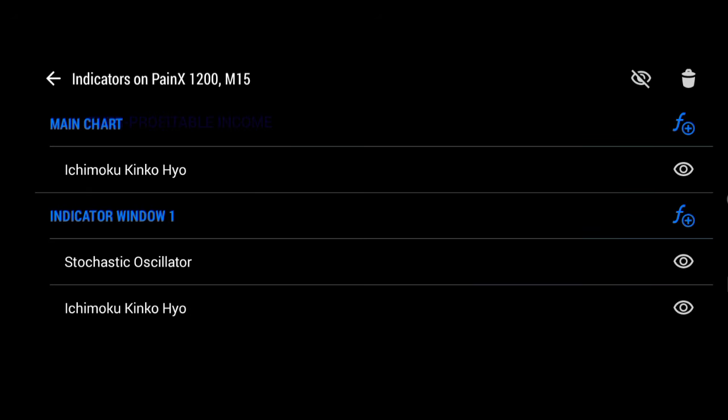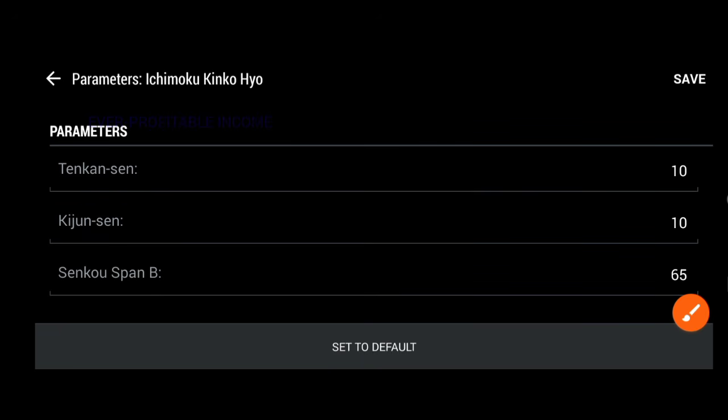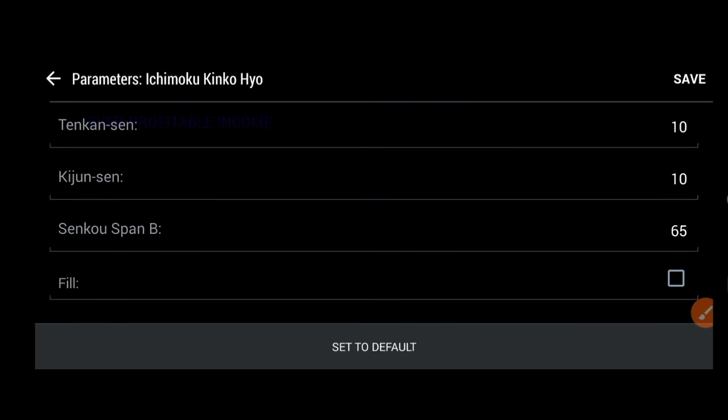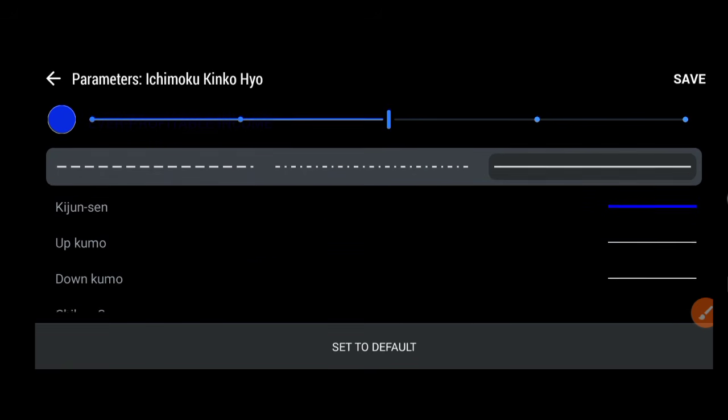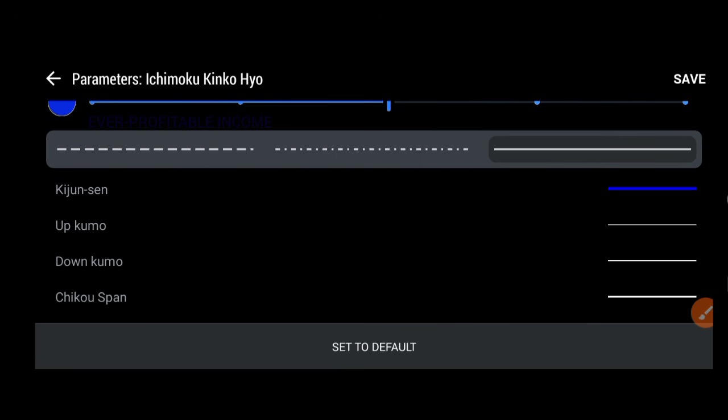Now the last indicator to apply to your indicator window is the Ichimoku. It is the same setting as the first Ichimoku that is on the main chart. So it's basically the same setting. You can see that right here. The colors should also be applied according to the first one I have shown you.